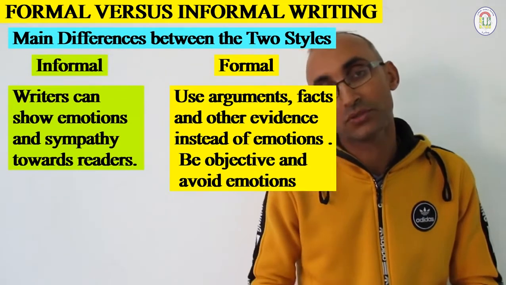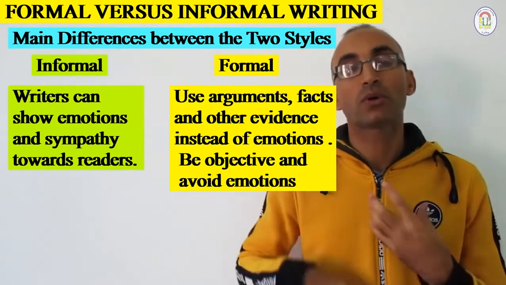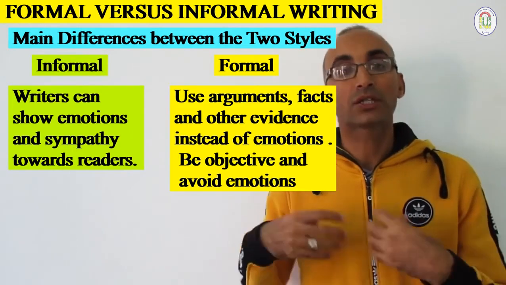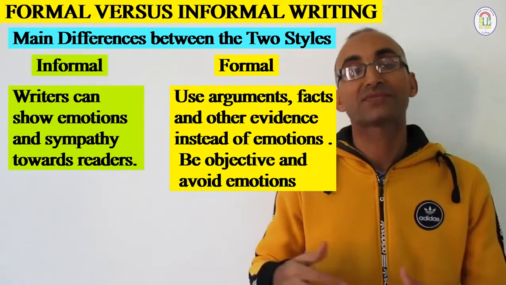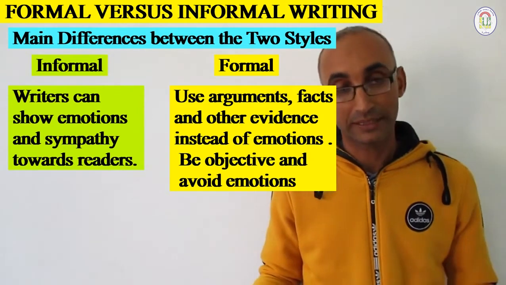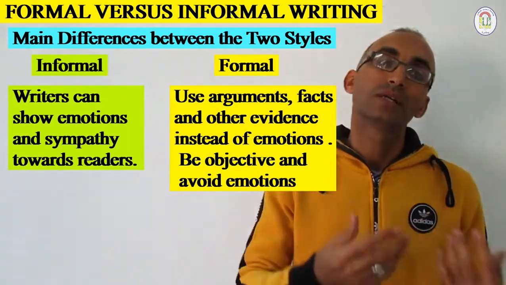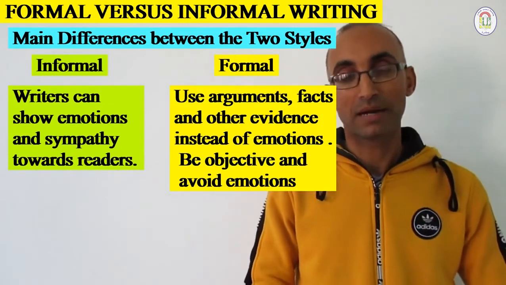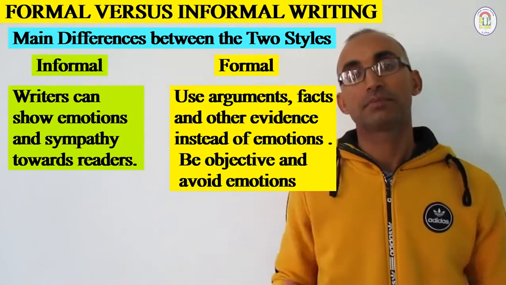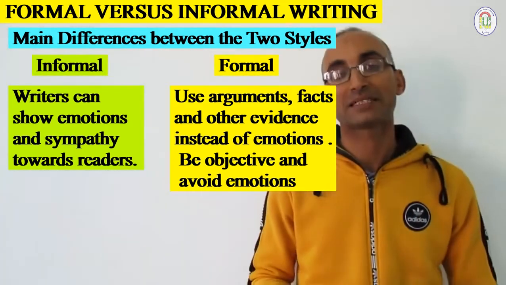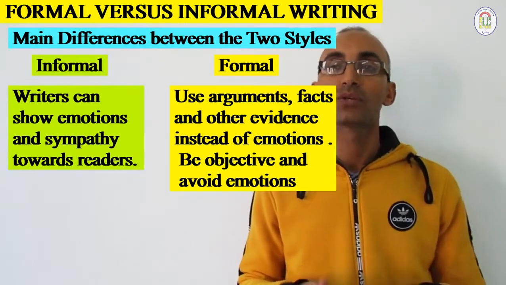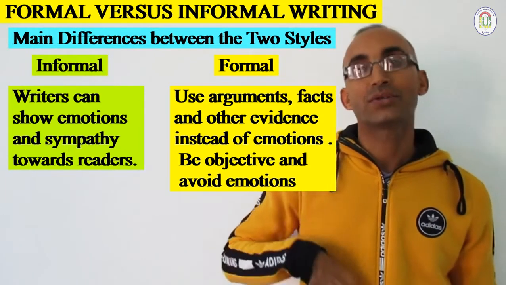You are not meant here to sympathize or to show emotions, but to argue, to describe, to express, to comment, to provide facts, to inform. Right. So these, my dear students, are the main and common differences between the two styles, formal writing style and the informal writing style.